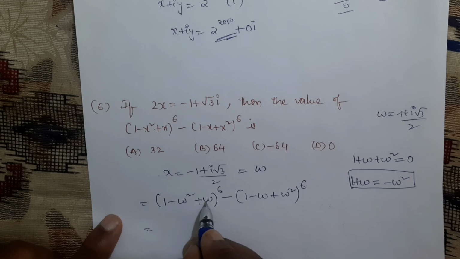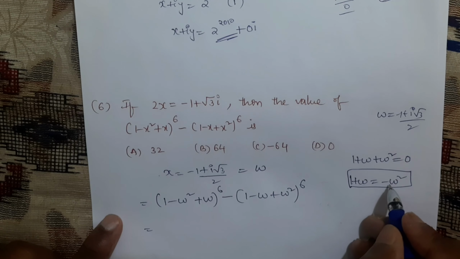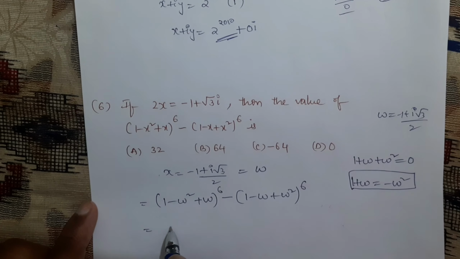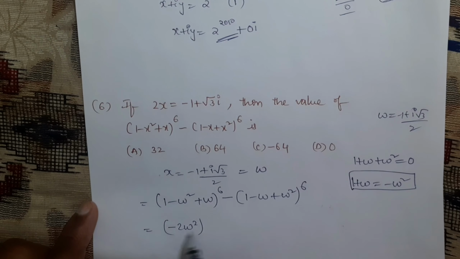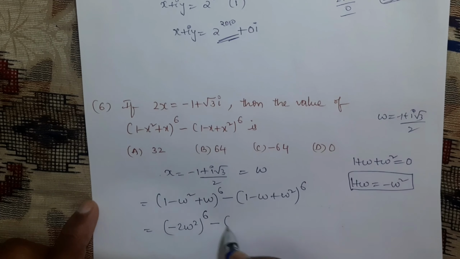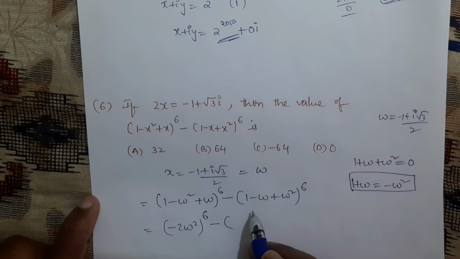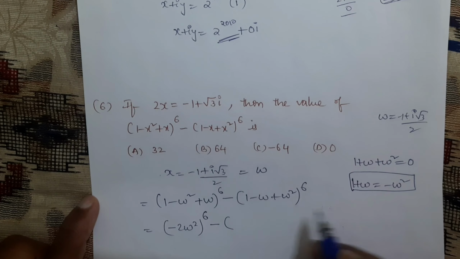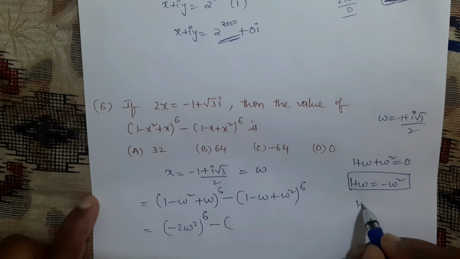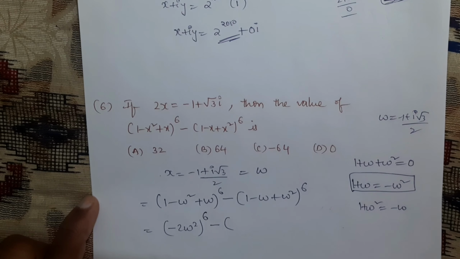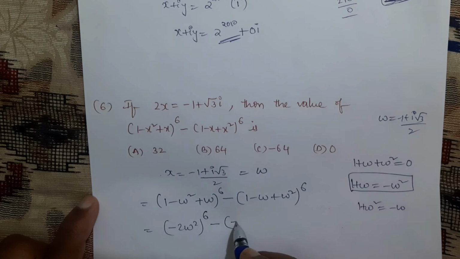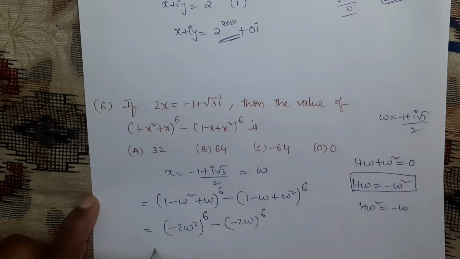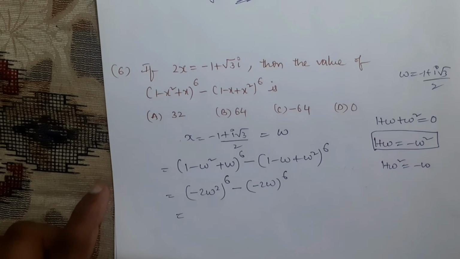See, 1 plus omega means minus omega square. Minus omega square minus omega square is minus 2 omega square, whole to the power of 6, minus, here 1 minus omega is there, so we will consider 1 plus omega square, which is equal to minus omega. So minus omega minus omega is minus 2 omega, whole to the power of 6. Now we can simplify easily.